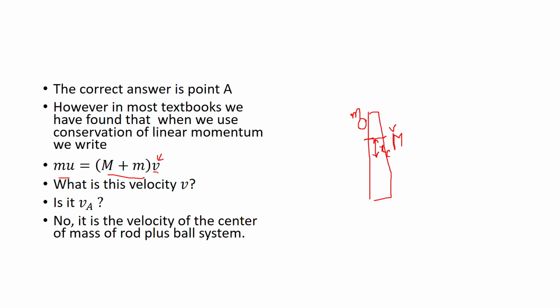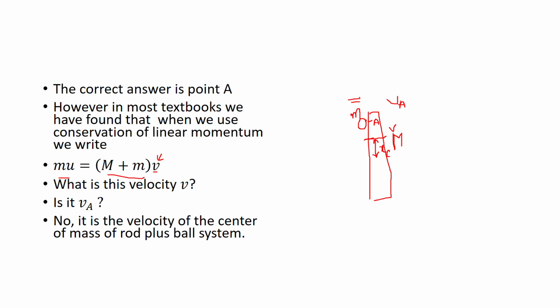Neither is it VA, because where it is striking, this point is A. So the ball has a velocity after collision VA, which is equal to the velocity of the rod at point A. But in this equation, this is my main focus. When we are writing this equation, mu, this is the linear momentum, because initially the rod was at rest and this ball was moving with velocity u.